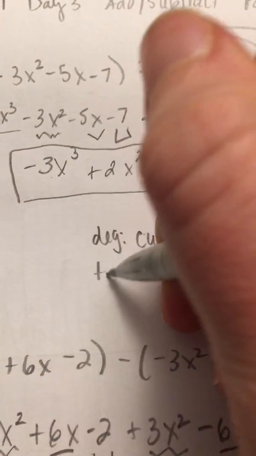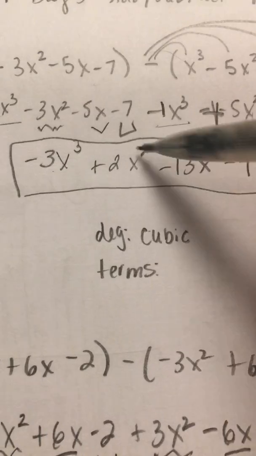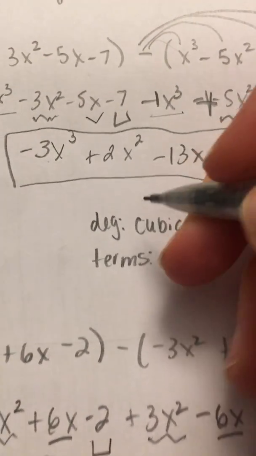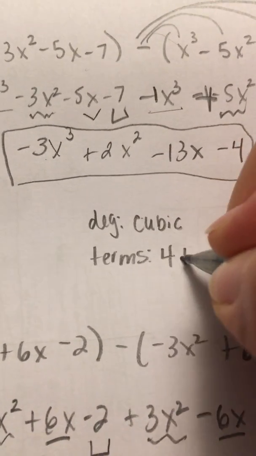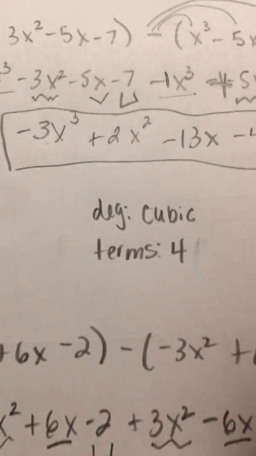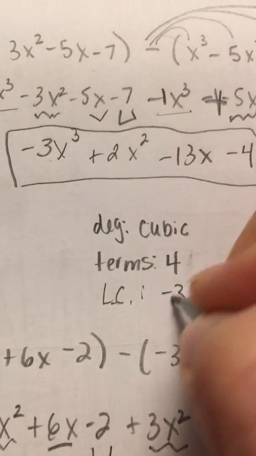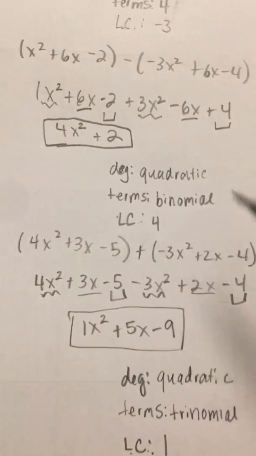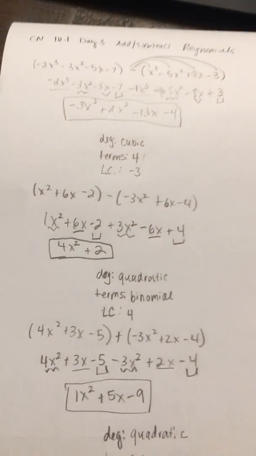We look at the terms, and I see 1, 2, 3, 4 terms. We have monomial for 1, binomial for 2, trinomial 3. We just write that there are 4 terms here. And then the leading coefficient, what's the first number that we see? -3. This is not a requirement for the homework piece, but it's probably good to do and review if you are struggling with classifying. Have a great day, everyone.